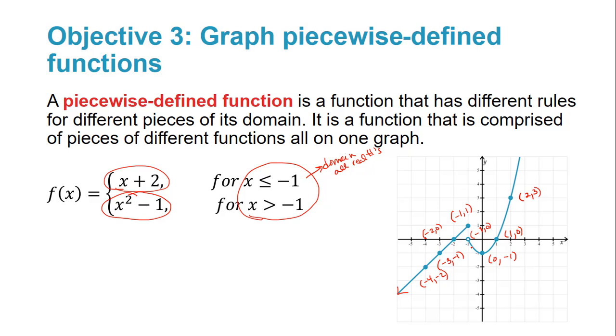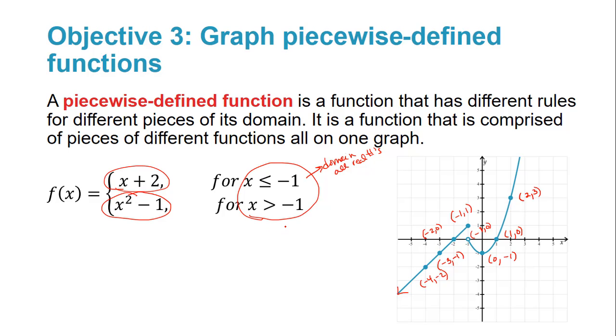But why do I have an open circle at (-1, 0)? Well, think about what values of x this second rule applies to. Anything larger than -1, so -0.9, -0.99999, right?